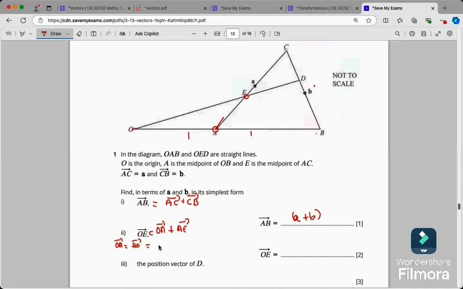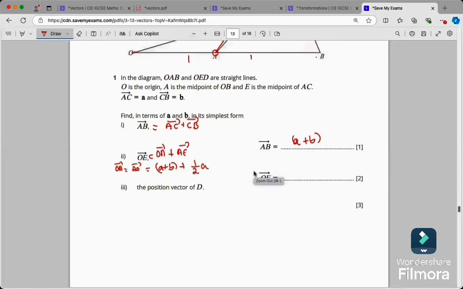Therefore, we are taking it as A plus B plus half A. So together, half plus 1 is 3 by 2. So 3 by 2 A plus B.